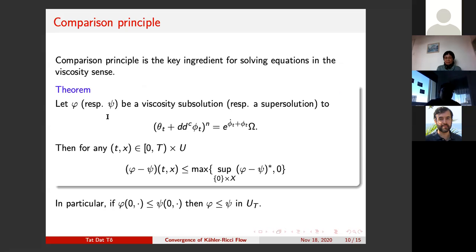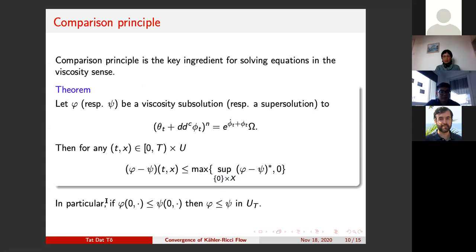In this case, the result is that if we have a viscosity subsolution phi and supersolution psi for this complex Monge-Ampère flow, then we have this inequality: the maximum of the difference phi minus psi is less than the maximum of 0 and the supremum of phi minus psi on the boundary at the initial time.